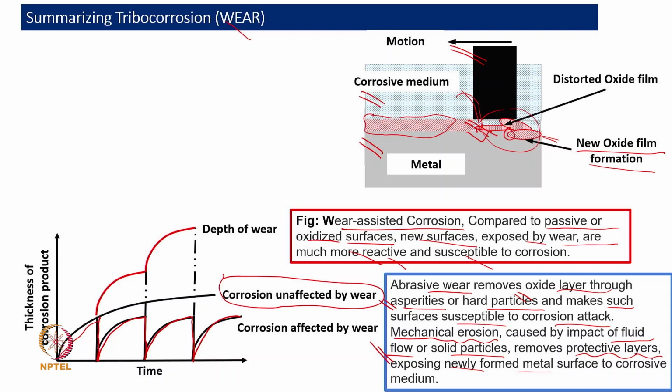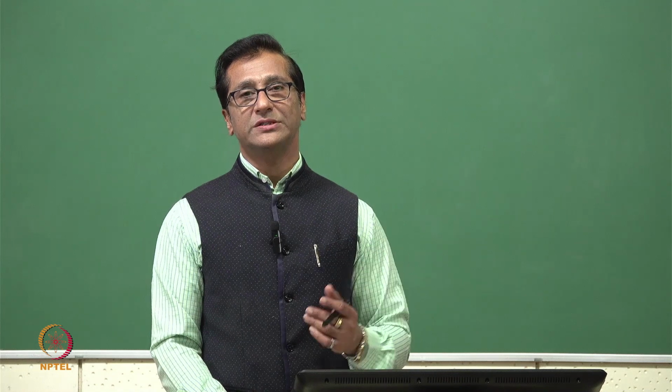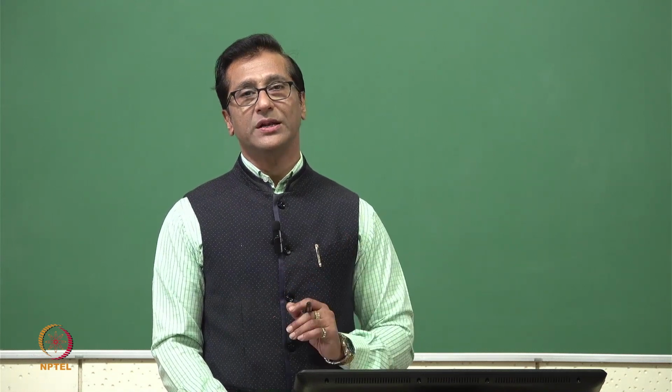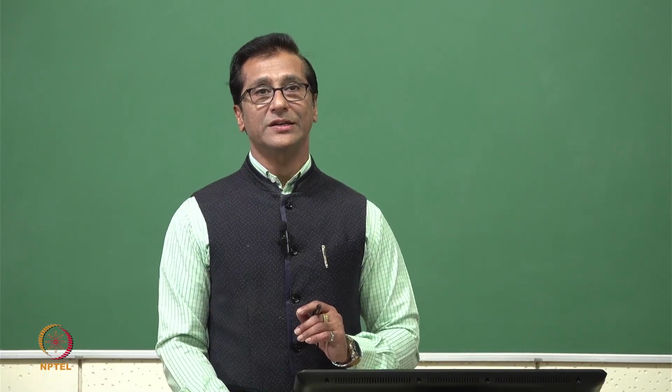If you look at the cumulative, this is a removal, this is a removal, this is a removal, and the depth of wear is significant. So that's why, when we use the word synergy between wear and corrosion, overall the depth of wear increases significantly.